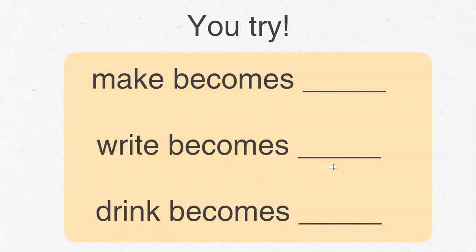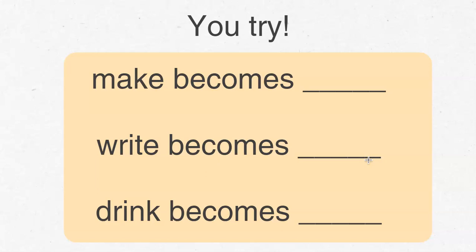What is the irregular past tense verb for write? Drink becomes what? What is the irregular past tense verb for drink? Remember, these are irregular, so they're not rule following, so the past tense will not end in ed. Pause the video and take your time.